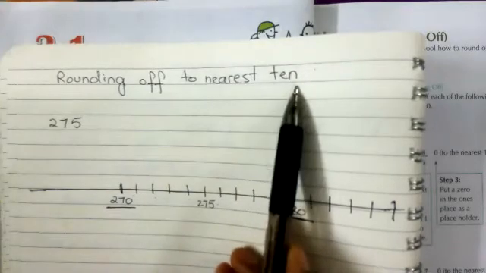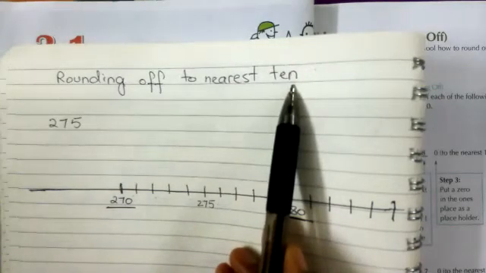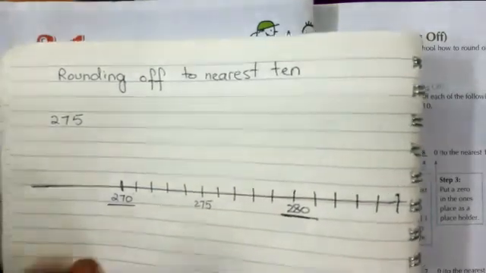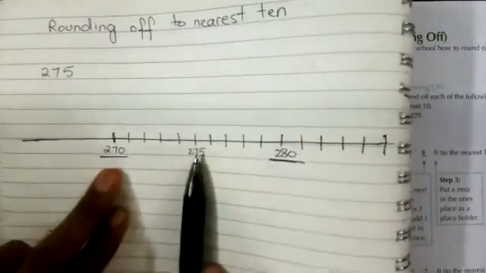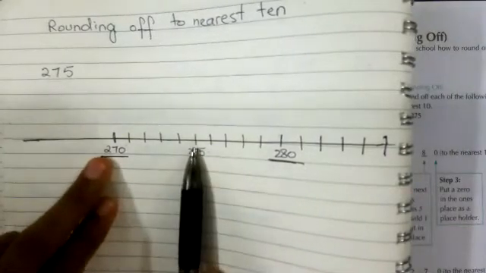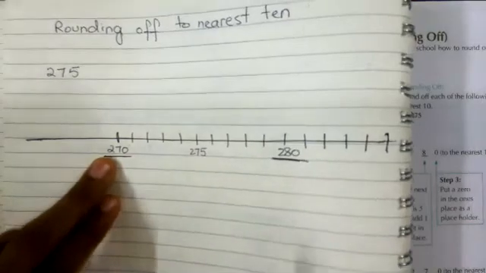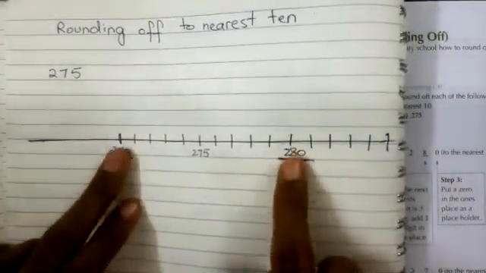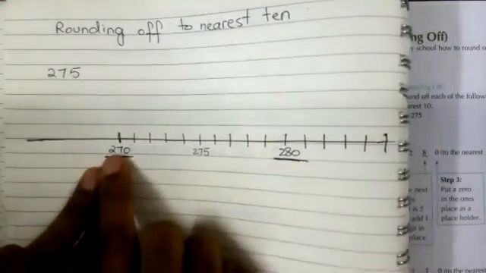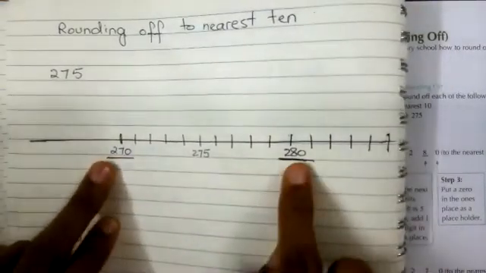So we are starting with 10 because 10 is the simplest, with only a single zero. What we are trying to find is which 10 it is closest to. So we will look at the 10s that are on either side of this number, before this number and after this number.